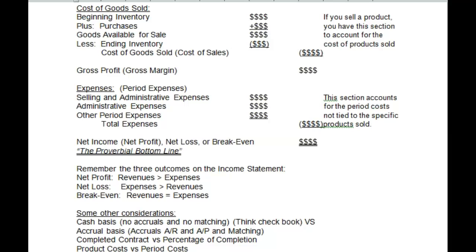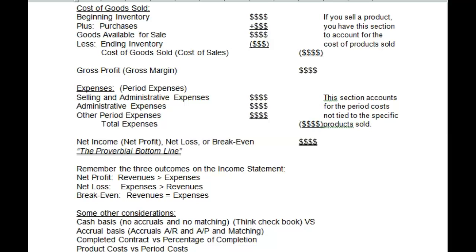Or we might have a situation where revenues equal expenses, and that's a break even. In the for-profit sector, you really don't see break even that often. I generally see net profit or net loss.